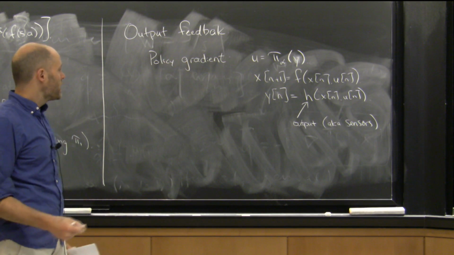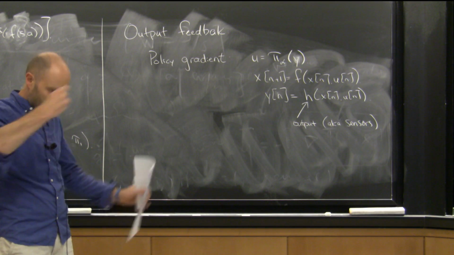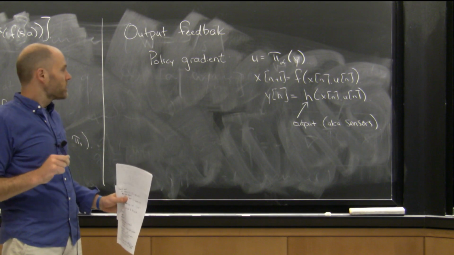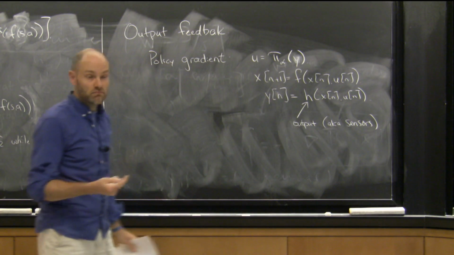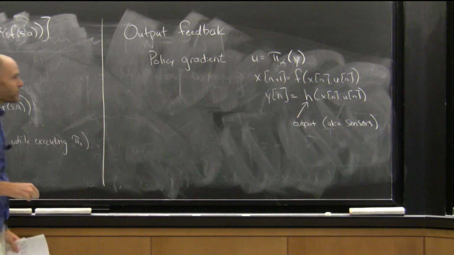By trial and error learning, where I'm just changing my controller a little bit, trying the experiment again, changing the controller a little bit, I could optimize that output feedback controller directly. It's powerful in the sense that it doesn't need to know the state. That's a big idea. Again, it's powerful in its naivety. It's because it's not leveraging the structure of state space that it is agnostic. But that's a big idea.